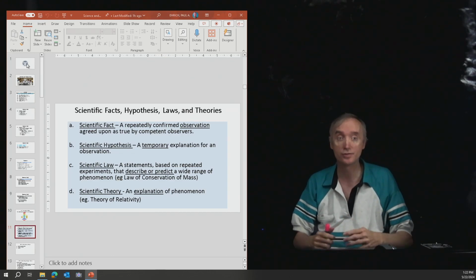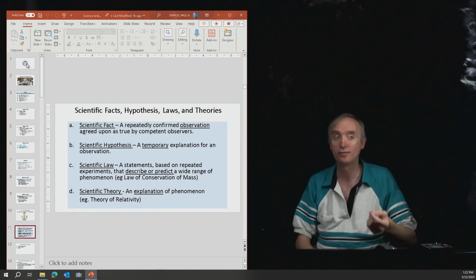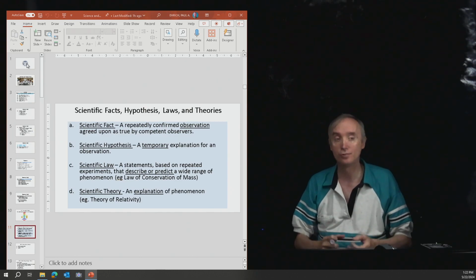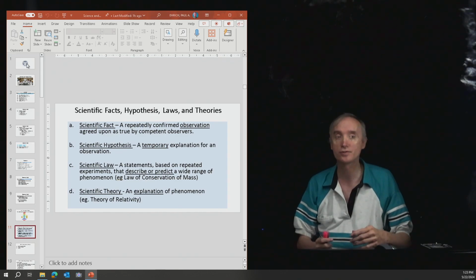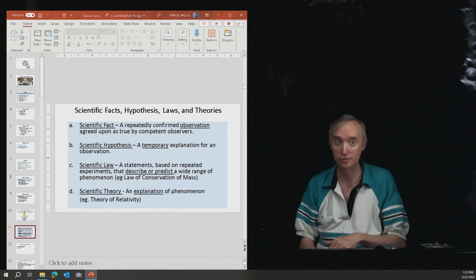That would be conservation of mass. Now, later in our physics classes, we would learn about E equals mc squared, where mass can be turned into energy and energy can be turned into mass. So we would need to modify that and say conservation of mass-energy. That's what's really being conserved.